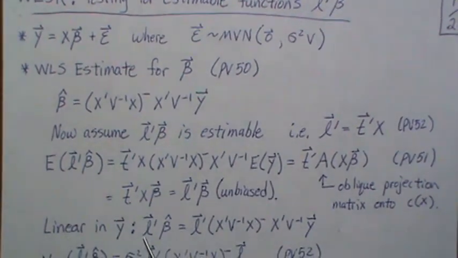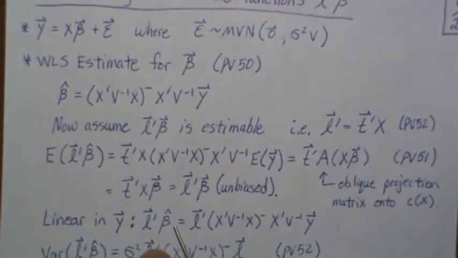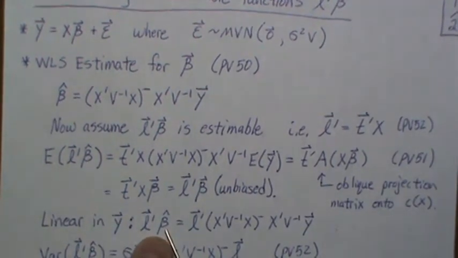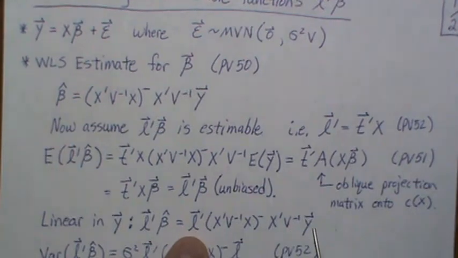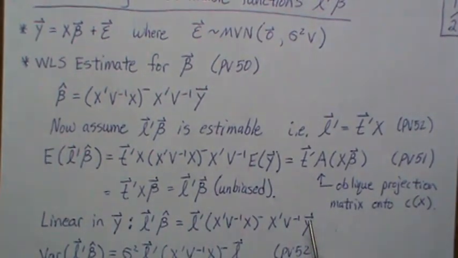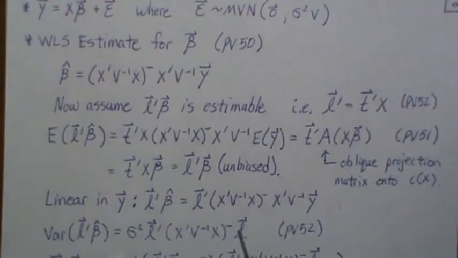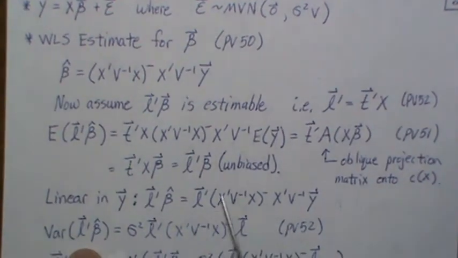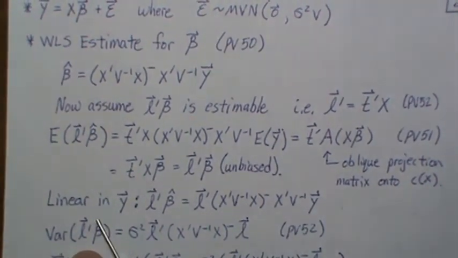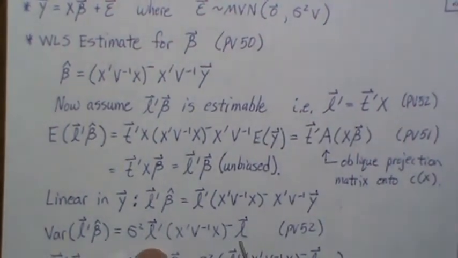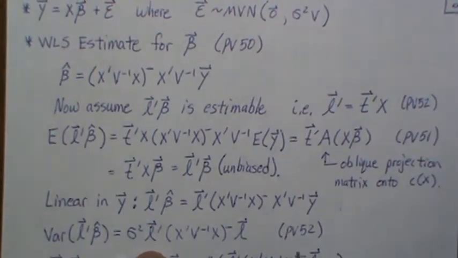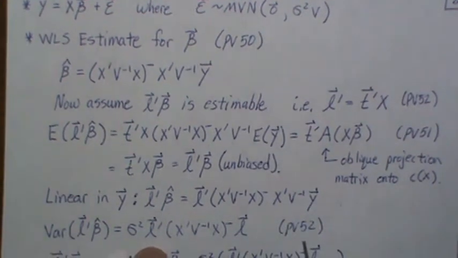Now, it's linear in the Y, so this linear combination with the weighted least squares estimate for beta hat in here is this, and so it is a linear combination of the Y's. The variance of this linear combination, and so that's the weighted least squares estimate, is this, and we really derived that in previous video 52.